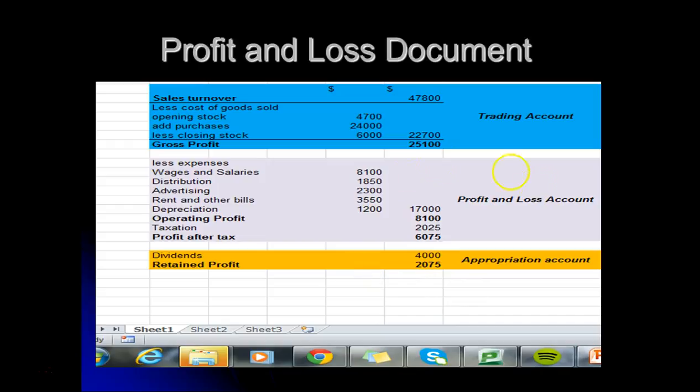And underneath, after all of these costs have been taken into consideration, we've therefore got a figure of 6,075. That has then been split into dividends, so the shareholders have got their amount, and that leaves over 2,075, which is referred to as retained profit. So this was put back into the bank.